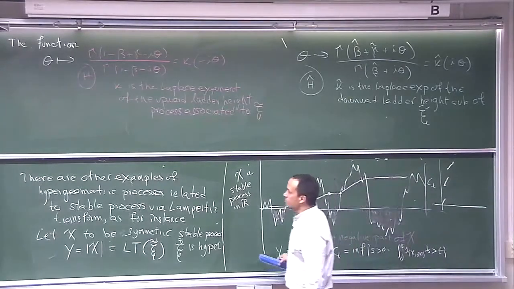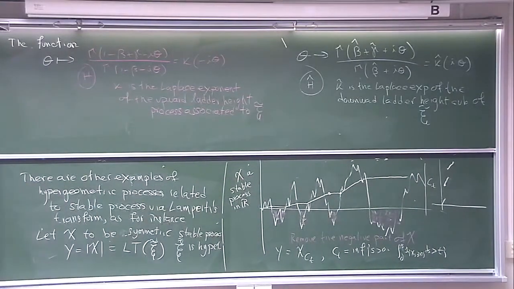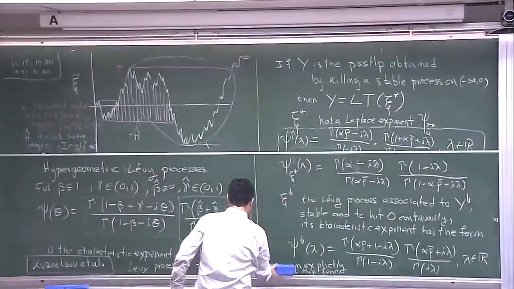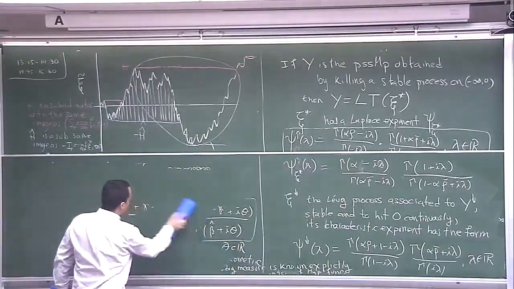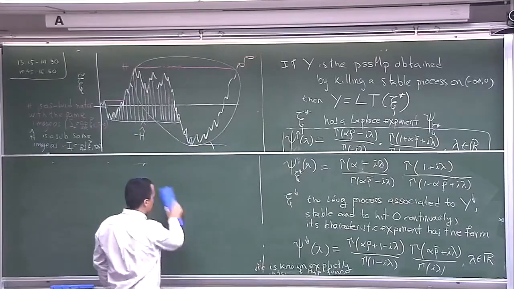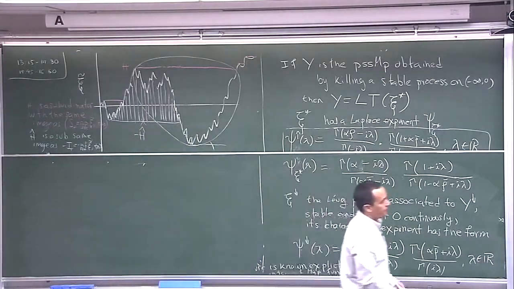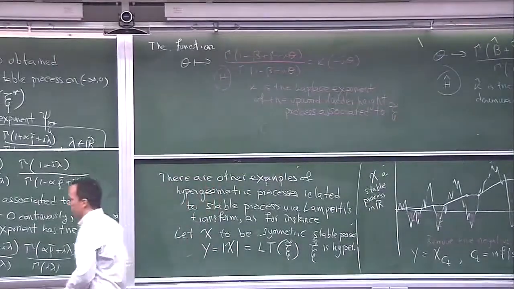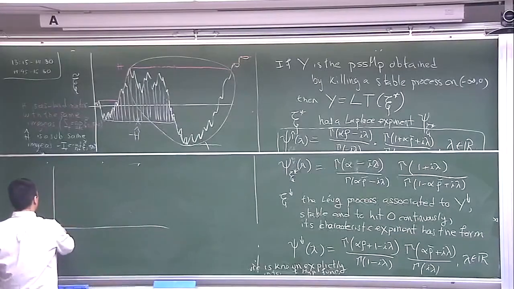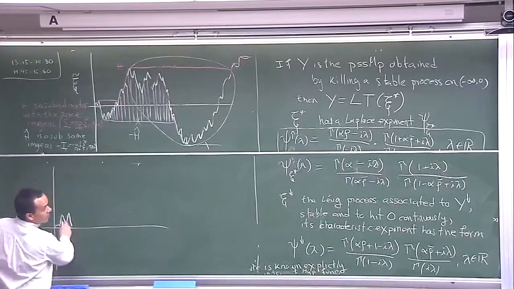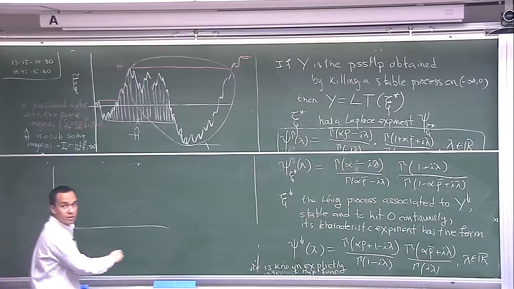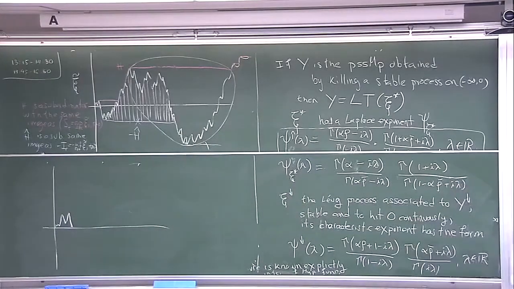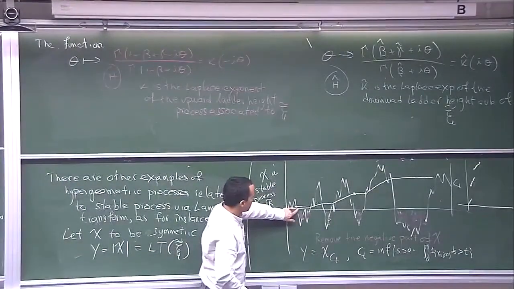Okay? So the new process, the process obtained by deleting the negative part, is something that looks like this. There are a couple of these, and then remember I make a jump to go negative, okay? Because x is a stable process, so it jumps below 0.